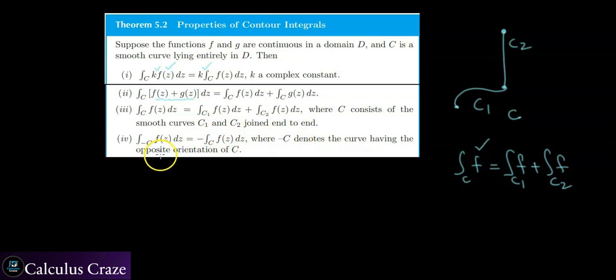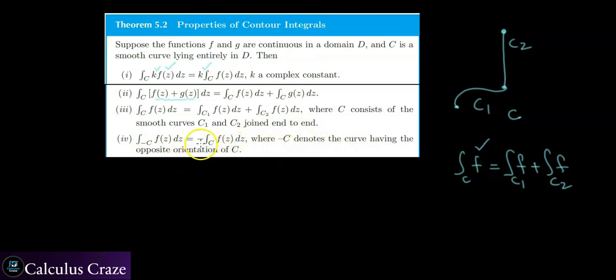The fourth property says that if you are integrating a function of a complex variable with respect to a complex variable over minus C, where minus C denotes the curve having the opposite orientation.